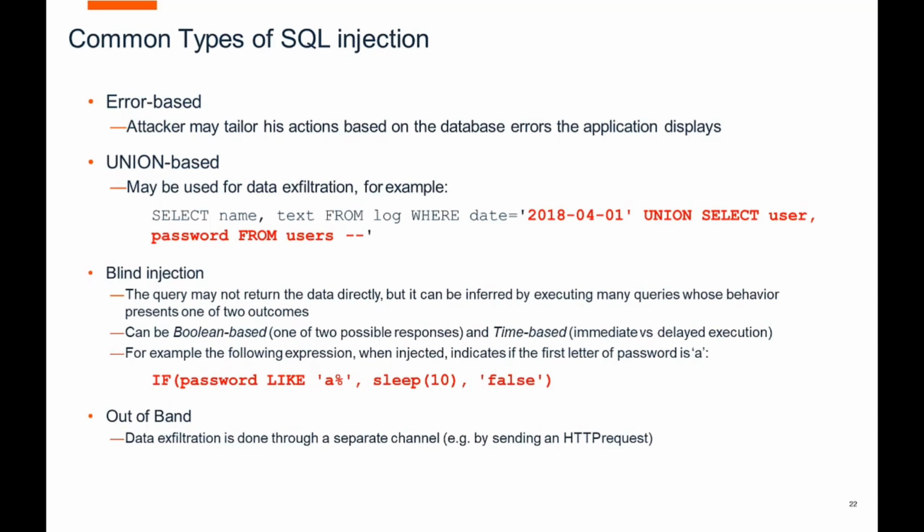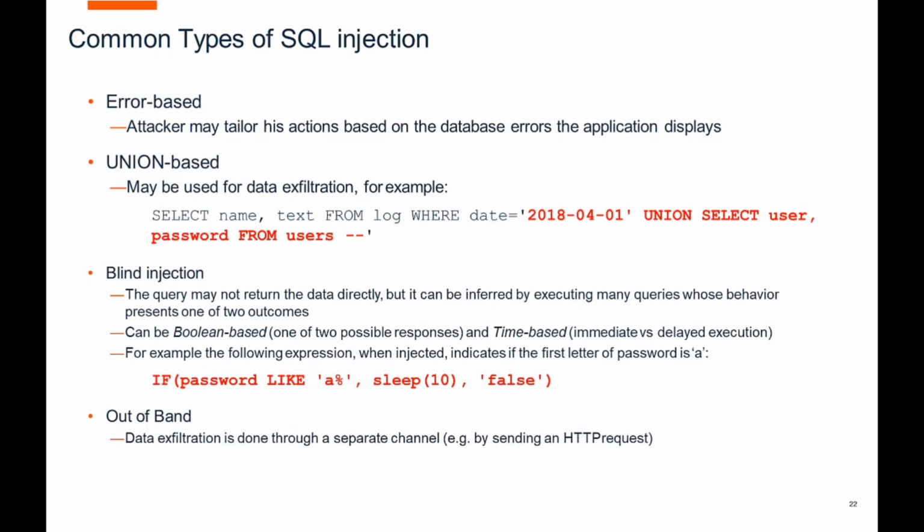For example, you could sneak in a delay into your query execution so that if data is of a certain type, it does not delay, and if there's something else in the content, it does delay. So it's probably easier to explain using an example. In red here, we have a SQL expression that says that if password starts with the letter A, then sleep for 10 seconds. Otherwise, return false.